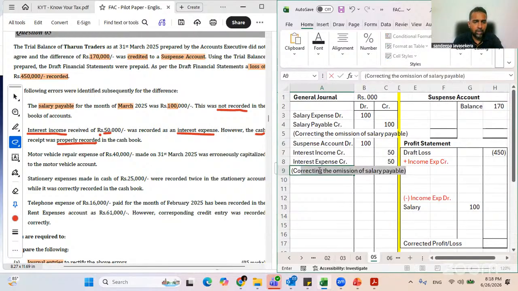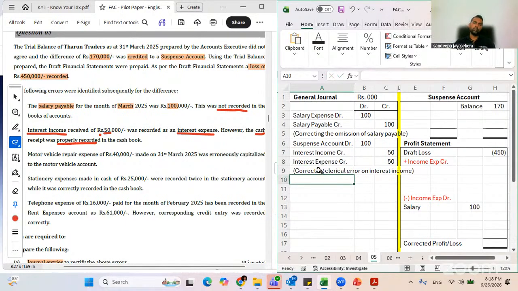We'll record correcting clerical error on interest income. Right.